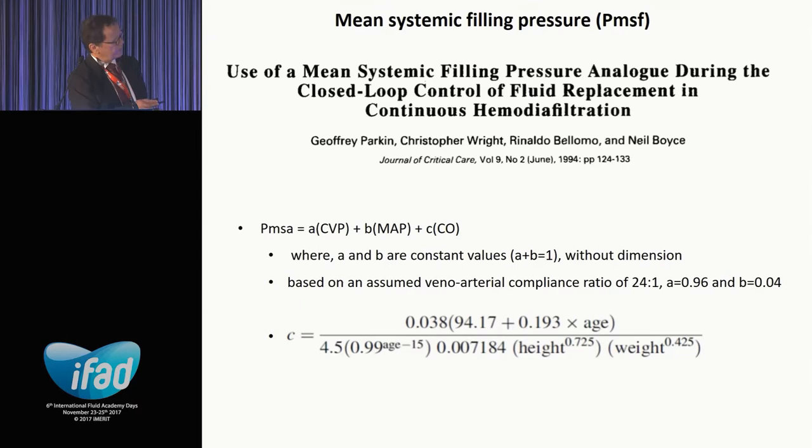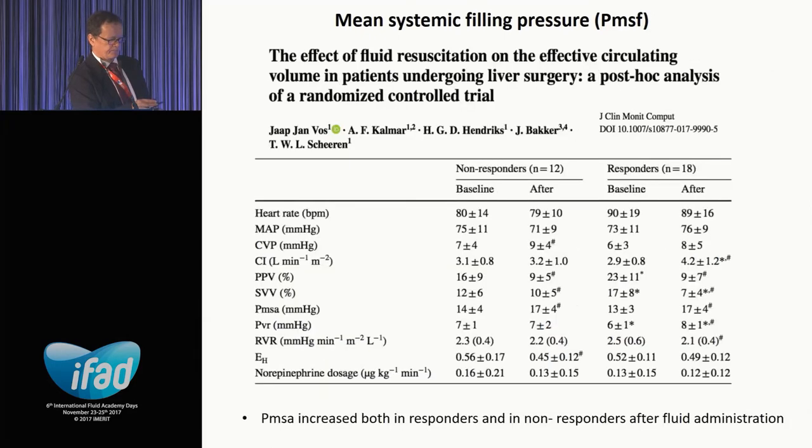And this is a formula if you don't want to put your patients to cardiac arrest to measure the systemic filling pressure, which we did not prefer. You can calculate it, and this is the formula. It's actually based on the venous arterial pressure difference and on some assumptions on arterial and venous compliance, which are given here. So these are the results of our studies.